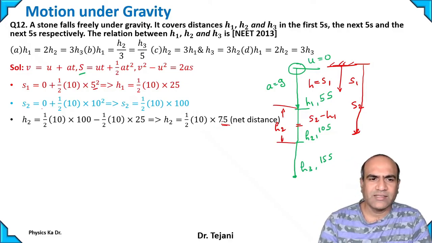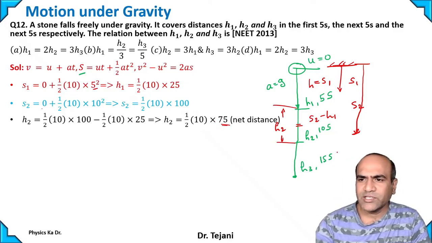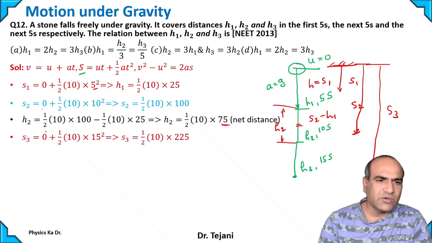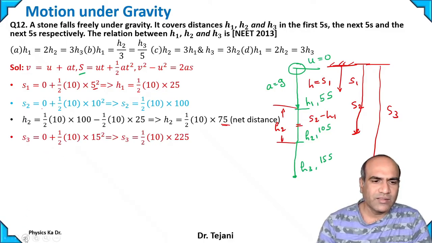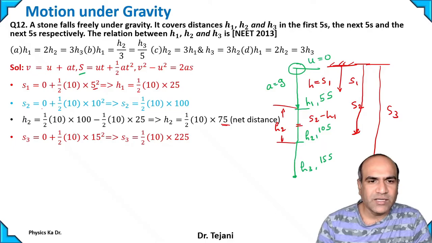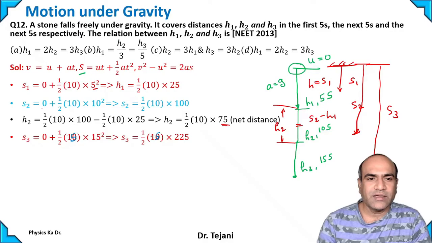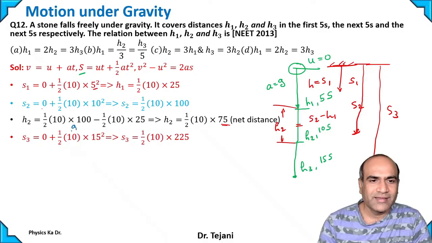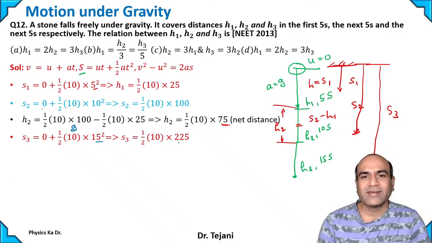Net distance. Similarly for h3, we take s3 from the top position. So s3 is equal to initial velocity 0, and the time is not 10 but 15. Sorry, here it is 1/2 g into 15 squared, 225.